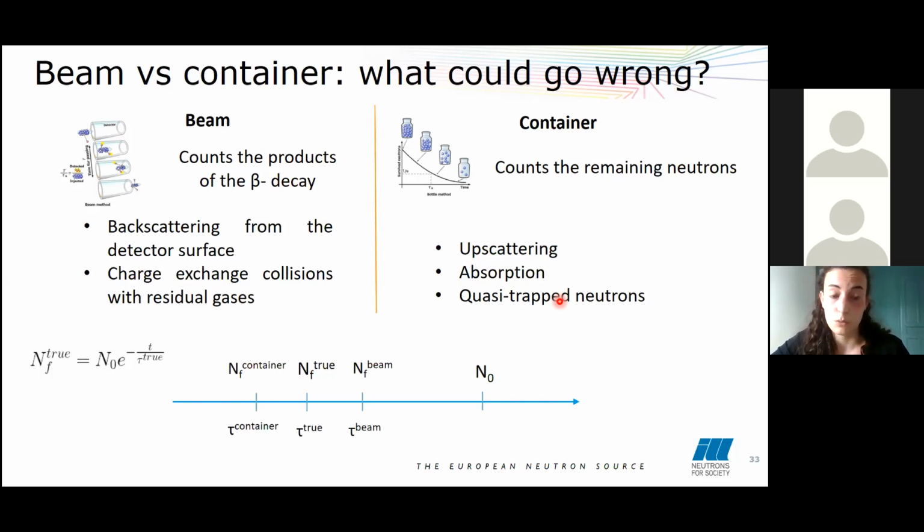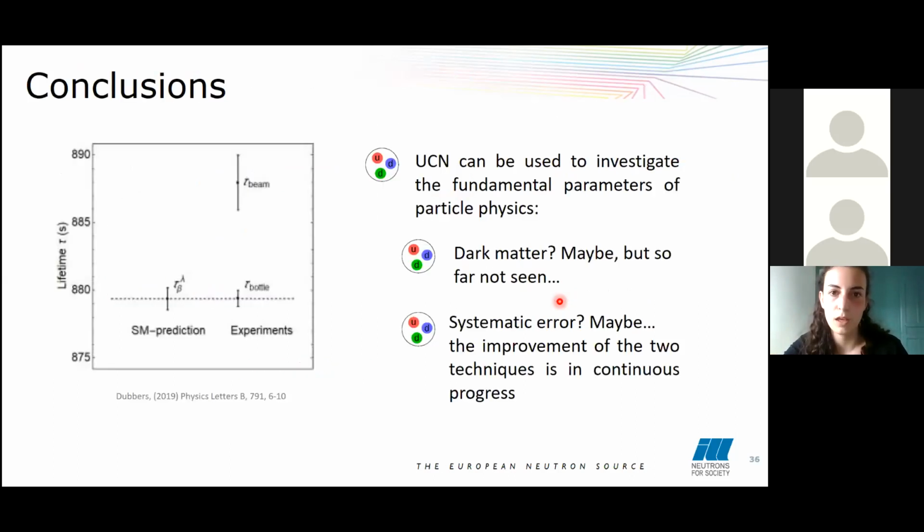The question is whether the two procedures can arrive at a common conclusion. What I saw is that many believe that the beam method is less reliable, while the container method could be measuring more precisely the true lifetime of the neutron.